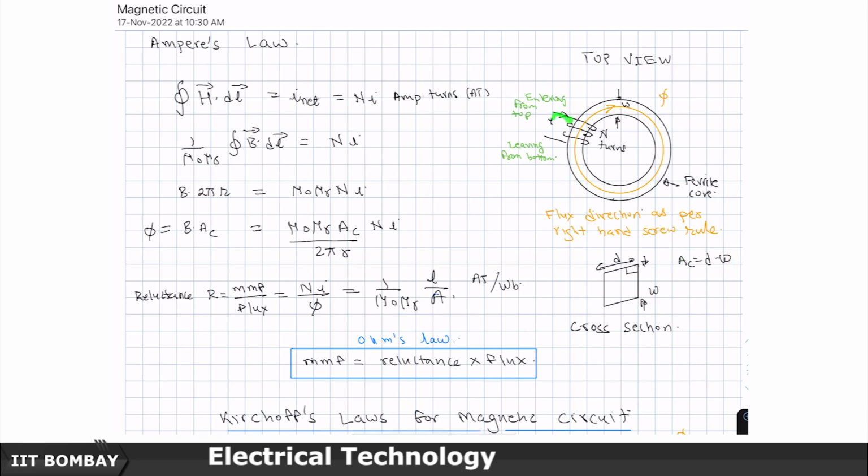Now, I have wound turns of a coil here in this particular fashion, and if you take a right handed screw and move it in the direction of the current, you will see that it moves forward.